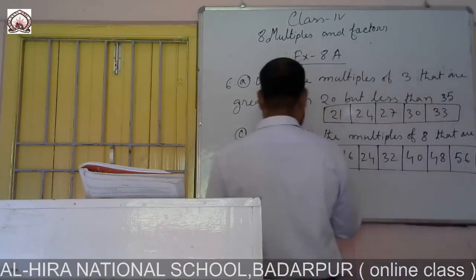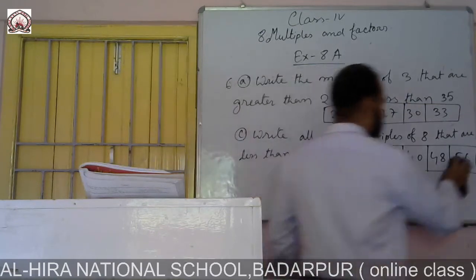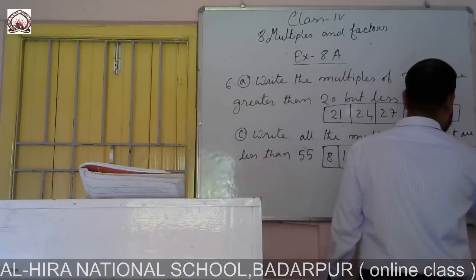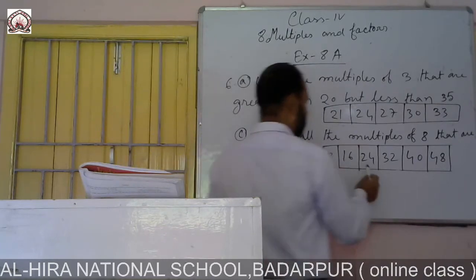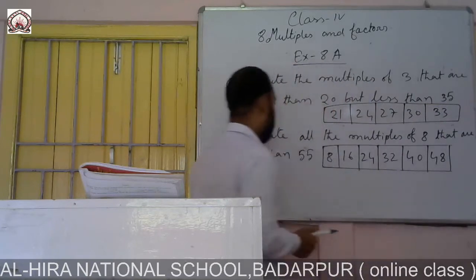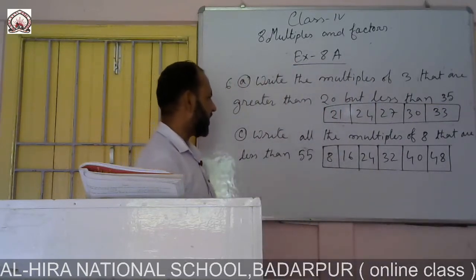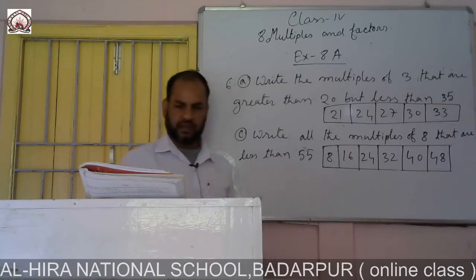So 56 is greater than 55. So we shall write up to 48. So 8, 16, 24, 32, 40 and 48 are the multiples of 8 that are less than 55.